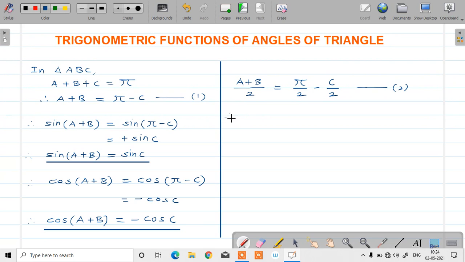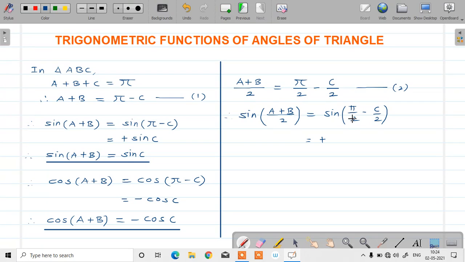Now for this equation, if you apply the sine ratio on both sides, then you will get sin((a plus b) upon 2) is equal to sin(pi by 2 minus c by 2). Now again apply the allied angle formula here. Then pi by 2 minus c by 2 lies in the first quadrant, and in the first quadrant the sine ratio is positive, so it will be positive.